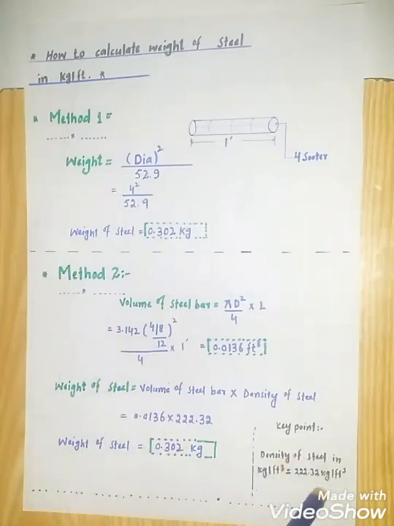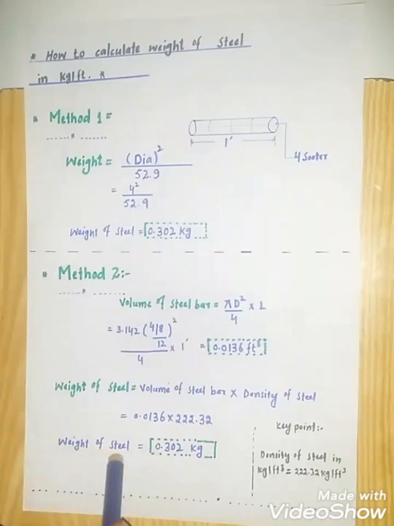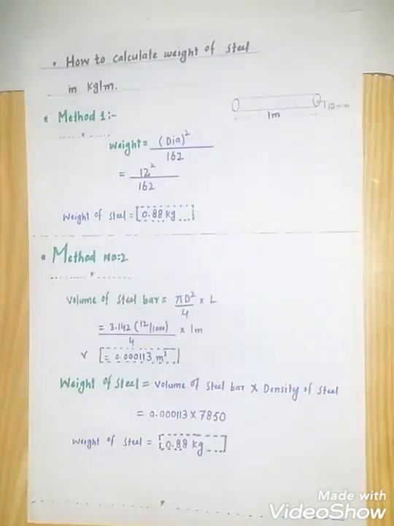You remember this point in your mind. Volume of steel bar is 0.0136 multiplied by 222.32. The weight of steel is equal to 0.302 kg.